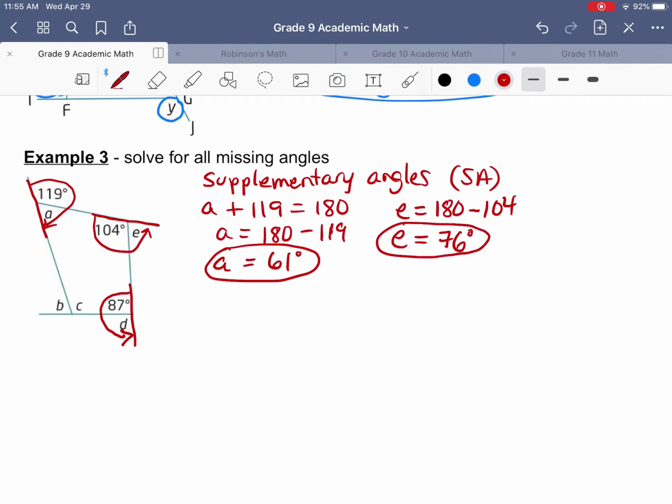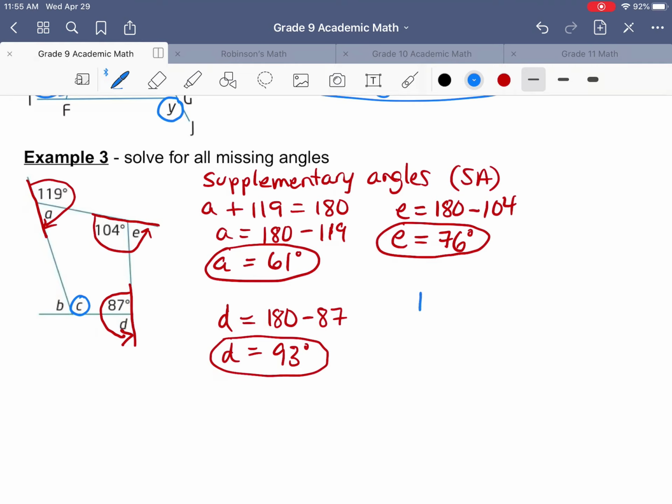Now let's find D using supplementary angles. So D is going to be equal to 180 minus 87, and D is equal to 93 degrees. So we still have two more to find. We have B and we have C. So let's take a look at C. So C is an interior angle, and now that we found angle A, we have all except for C for the interior angles.